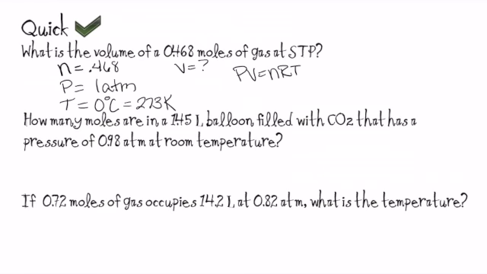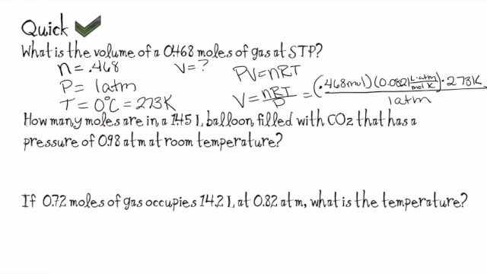Our first step is to rearrange our equation so we can solve for V. To find V, we need to divide both sides by P. So V equals nRT divided by P. Now we plug in what we know. So the volume is 10.5 liters.